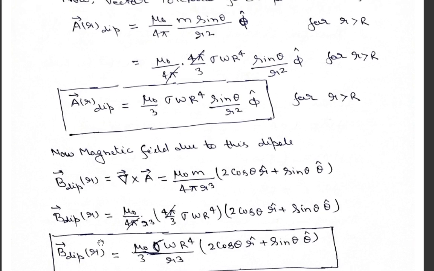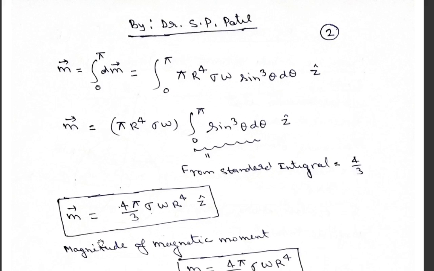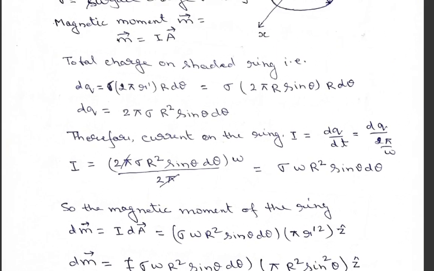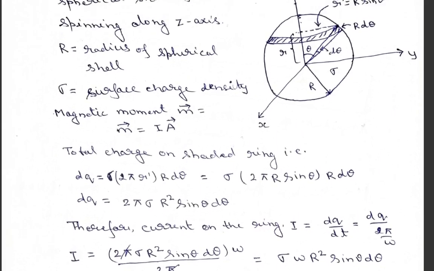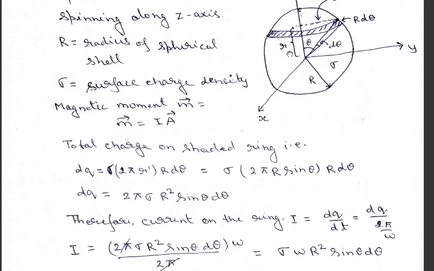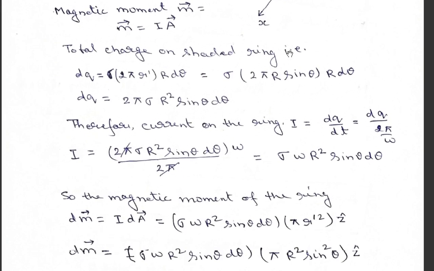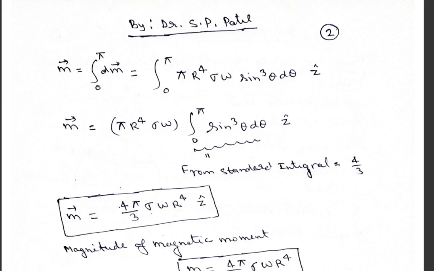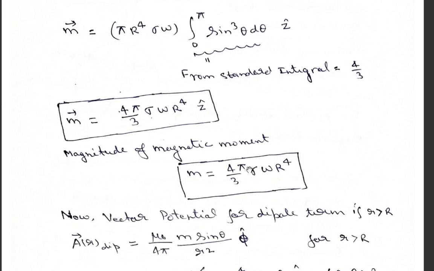So in this lecture, if we summarize what we have determined, we have tried to find out the magnetic dipole moment due to a rotating spherical shell. In order to do so, we drew a small ring on the spherical shell of thickness r d theta and radius r sin theta, and then we determined the magnetic dipole moment due to the ring, and then we integrated over the whole spherical shell to find the magnetic dipole moment due to the rotating spherical shell.